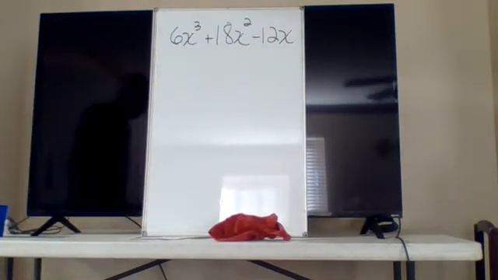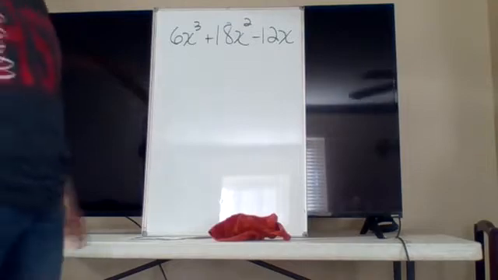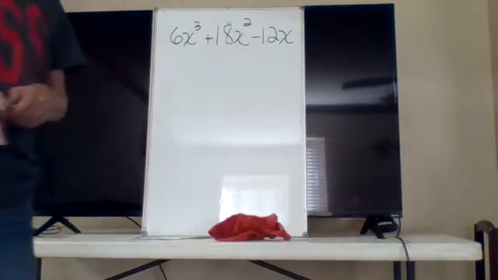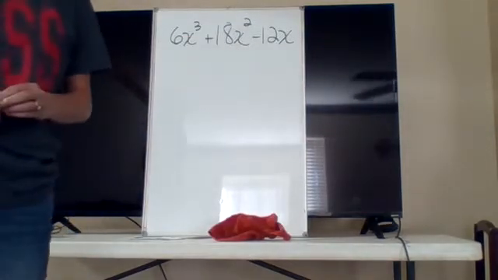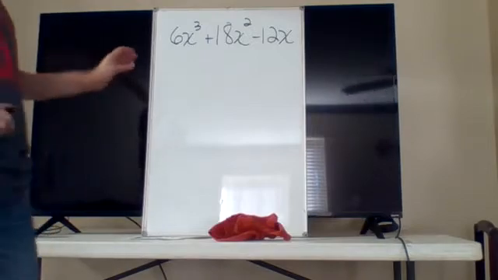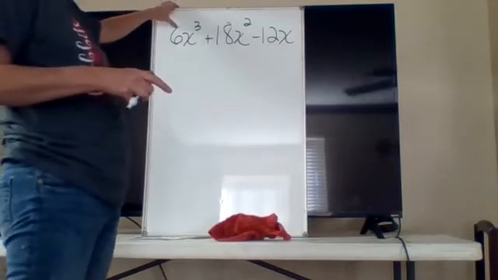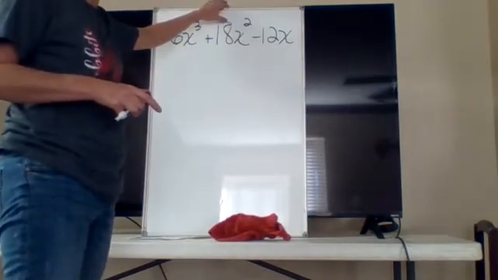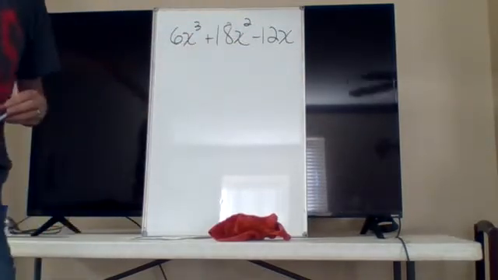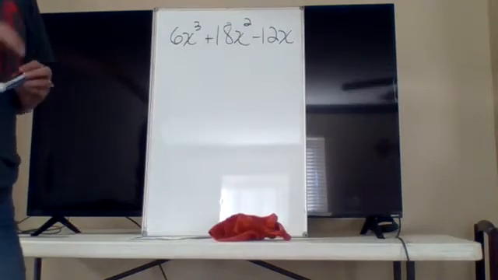And the very first thing you're always going to look for is what is in common between these 3 terms. So what is the biggest number, not just any number, but the biggest number that goes into 6, 18, and negative 12? So let's think about that.